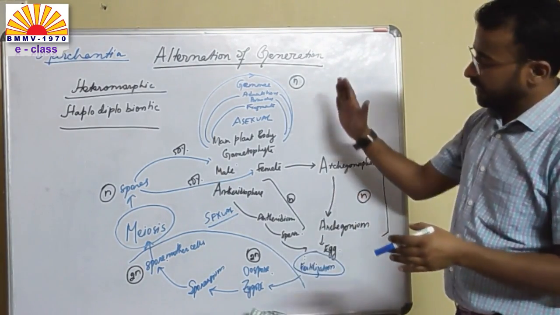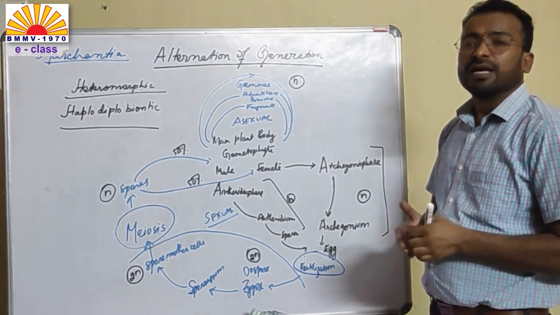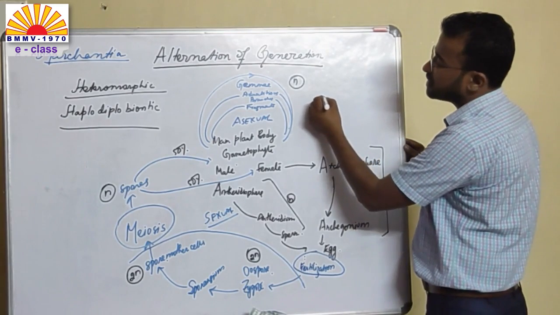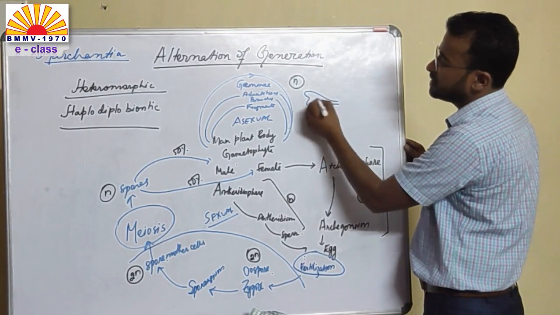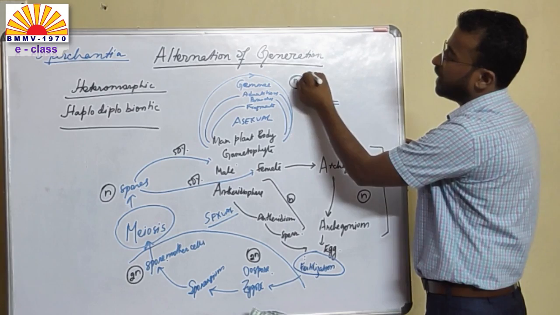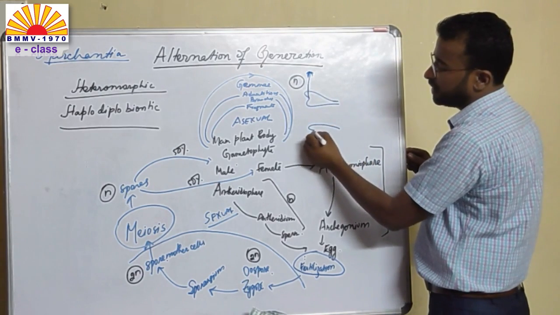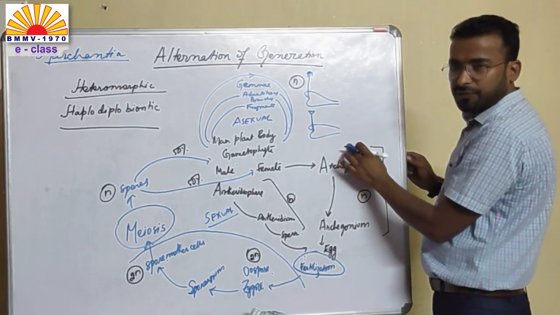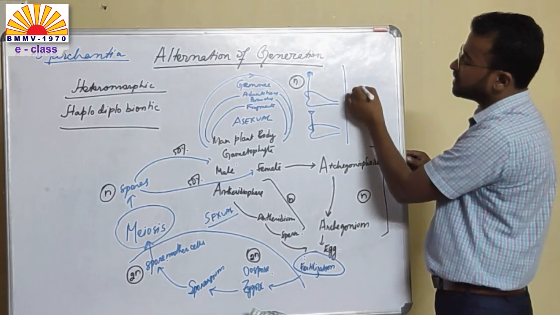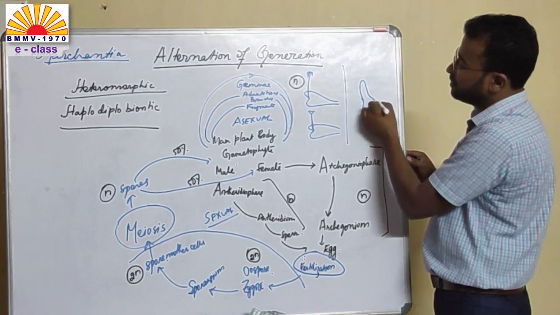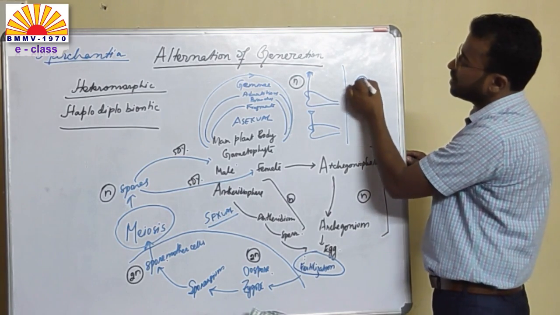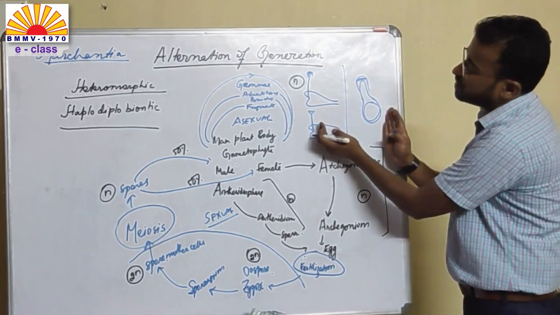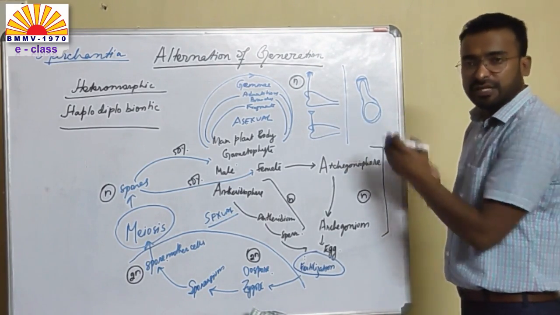When you look at the entire life cycle of Marchantia, you will find two important things. The gametophyte is represented by a simple thallus that will bear archegonia or antheridia. So this is the gametophyte. Now the sporophyte is represented by a capsular structure that is attached to the gametophyte with the help of the foot. Now these two structures are morphologically different structures.